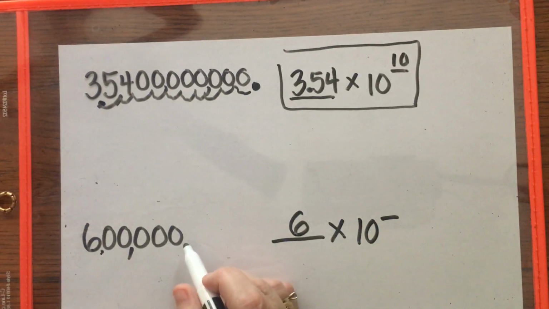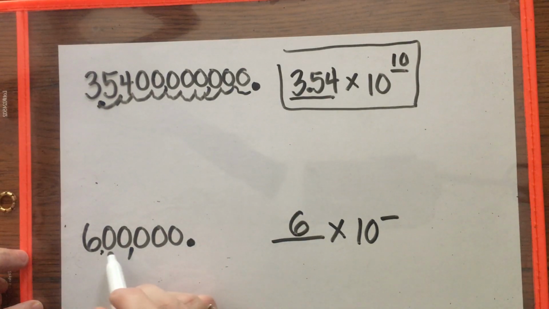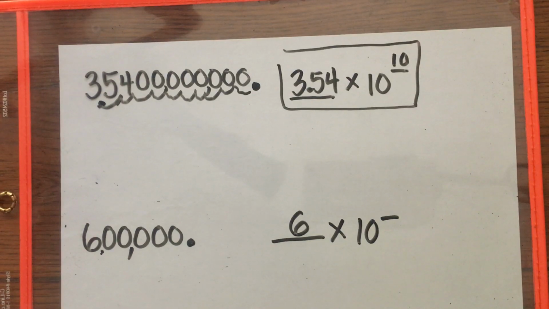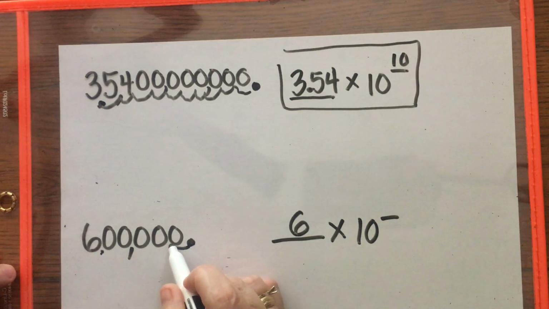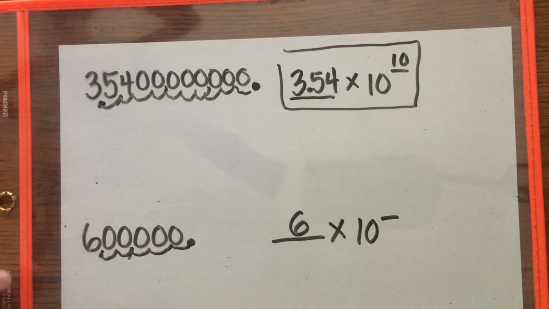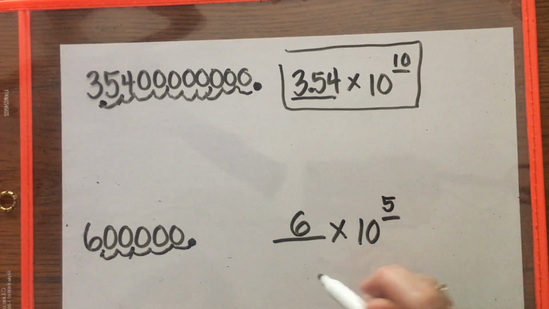My original decimal point, if we didn't have this mantissa, would be right here because it would be 600,000, and then we would have our zeros over here because we don't have any decimal parts. So I count how many places it takes me to get from my original to where my mantissa is. 1, 2, 3, 4, 5. So for this one, my characteristic or my exponent is 5.